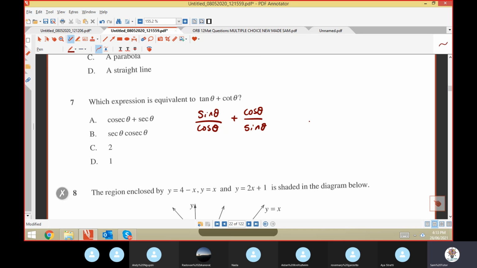At this stage you would cross multiply. Sine squared plus cos squared is 1. And 1 over cos is sec, 1 over sine is cosec. Answer is B.